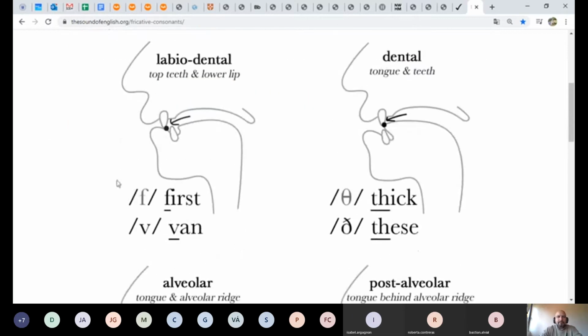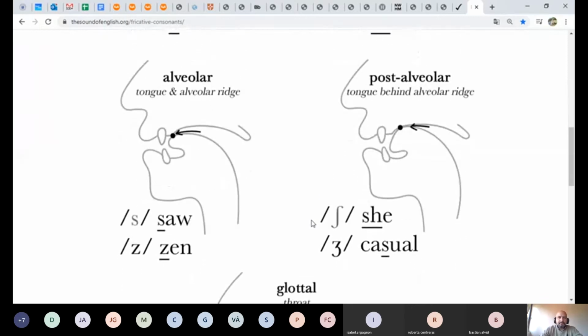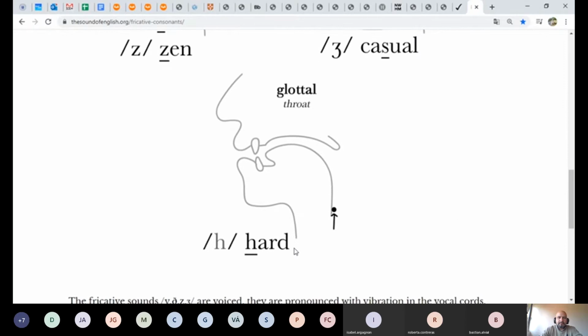F, first; v, van; th, thick; th, these; s, saw; z, zen; sh, she; zh, casual; h, hard.